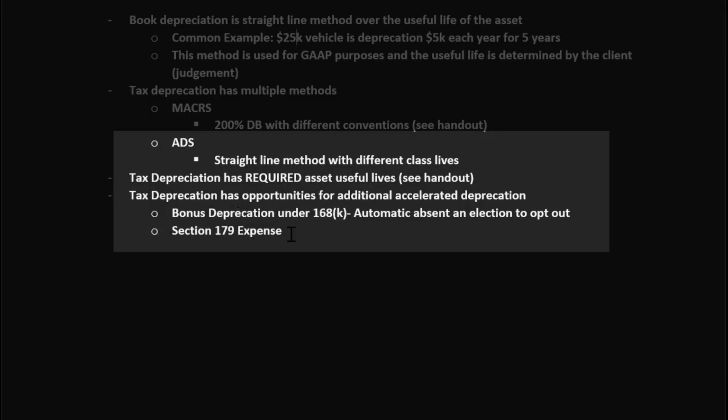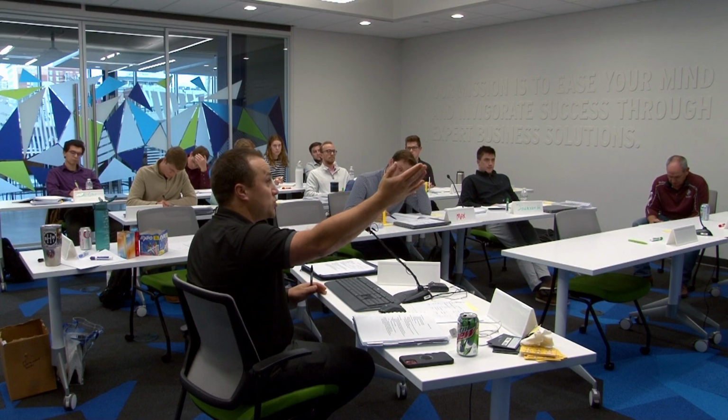But generally speaking, book gives you 1 method, straight line. You do that over the useful life. For tax, we'll give you the modified method, MACRS is what we call it. Great. We're also going to provide you 2 other methods to accelerate all the depreciation as quick as you can. Okay, so for tax, we've got a lot more options. Book is just pretty standard and easy. That's why we're tax people, not audit.